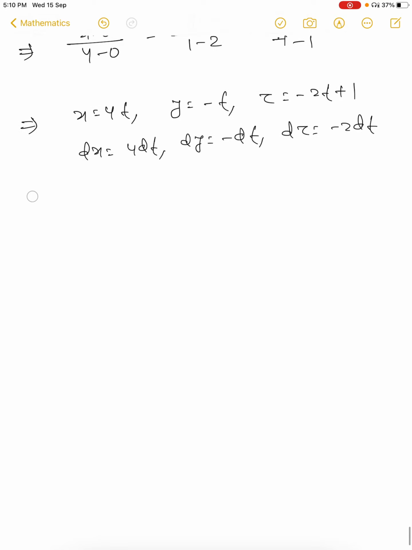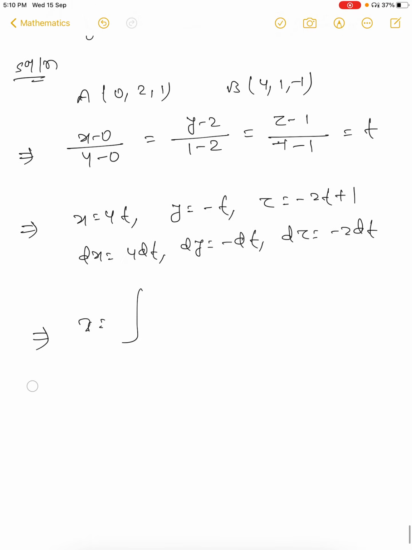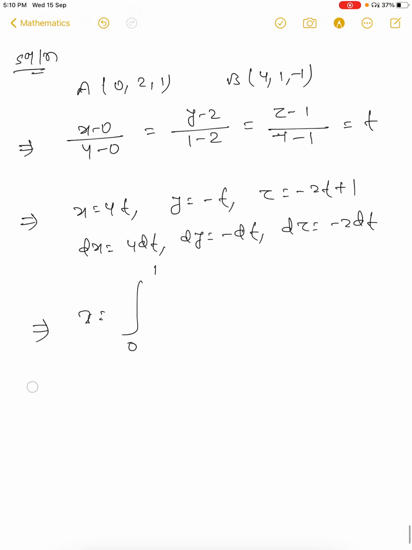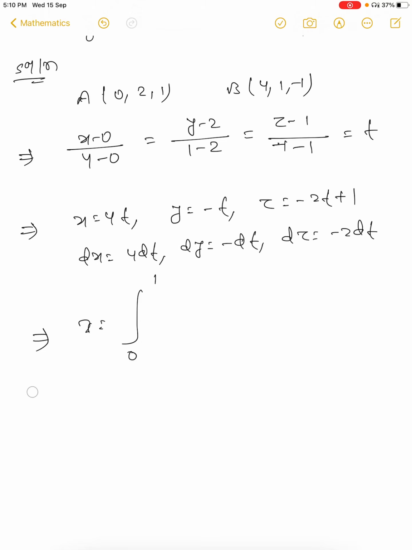Okay, so from there, after simplification, the integration will be from 0 to 1 in t. The t range will be 0 to 1. You can check it from here: when x is 0, then t will be 0, and when we put x equal to 4, then t will be 1.